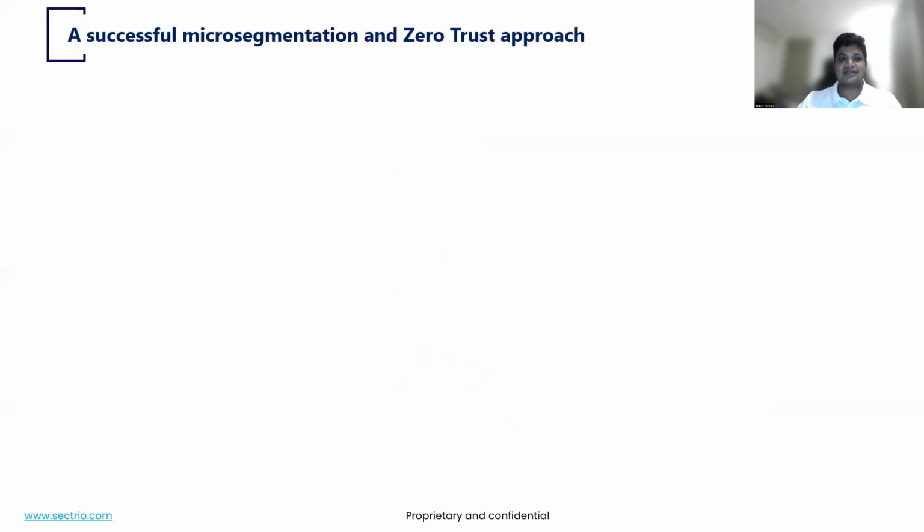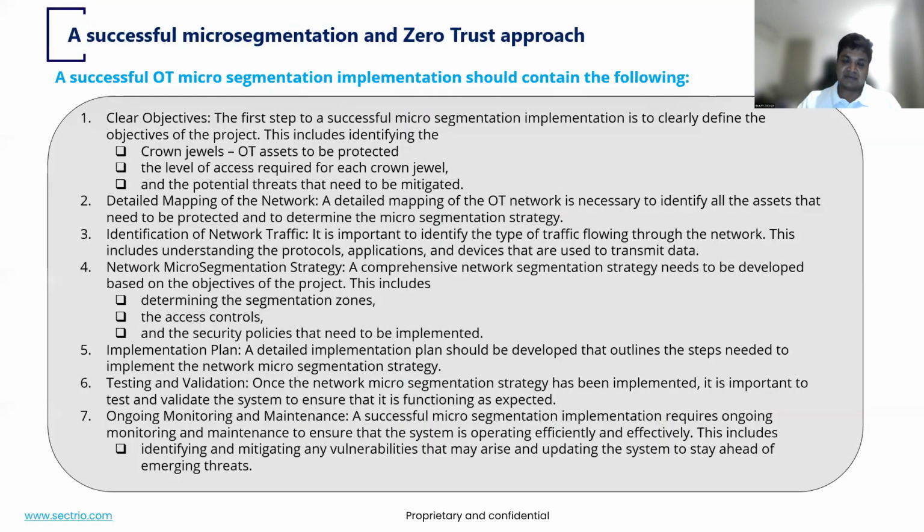So what does a successful microsegmentation solution have? A successful OT microsegmentation implementation basically should contain all these different things. First of all, the OT security sponsor should have a very clear objective on why microsegmentation would be important.